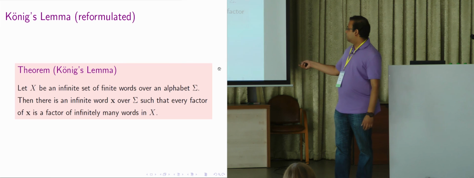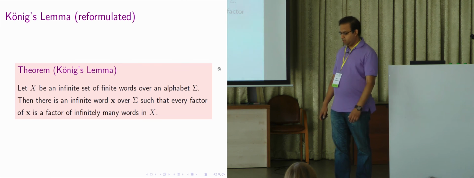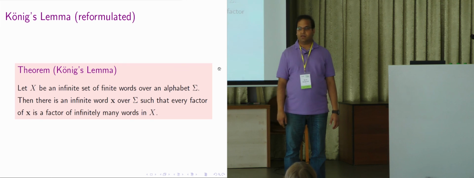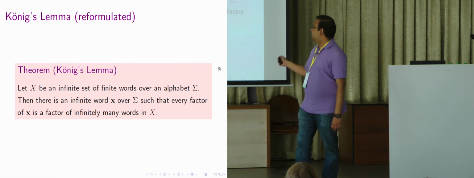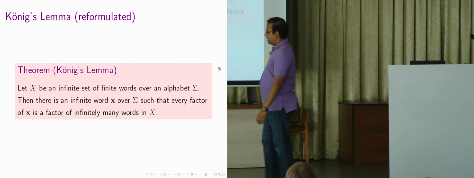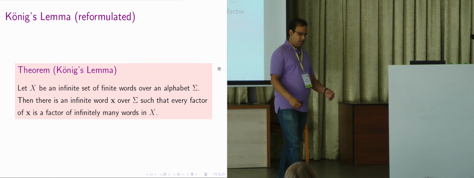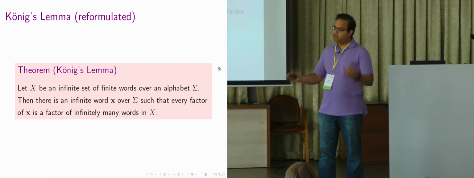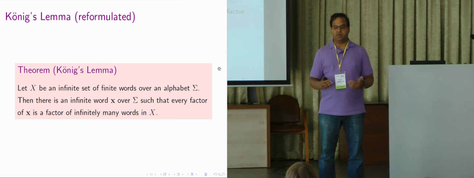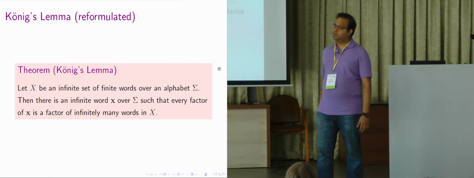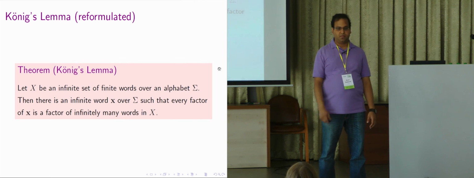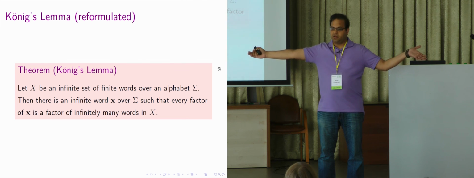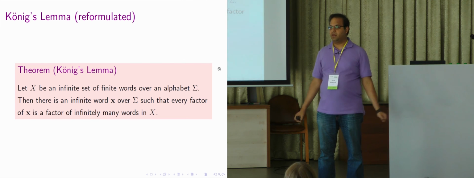We have this result called Koenig's lemma. It's basically a compactness argument, which says that if I have an infinite collection of finite words, I can find an infinite word where every factor is a factor of some word in my set X. So if I have arbitrarily large square-free words, then there's an infinite square-free word.